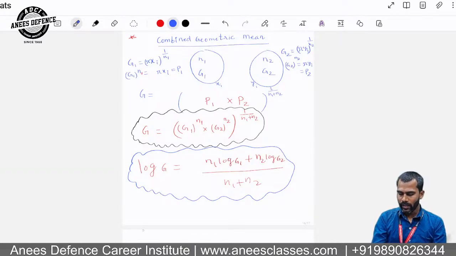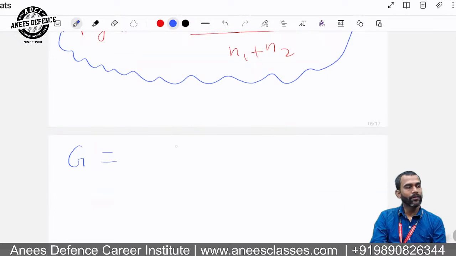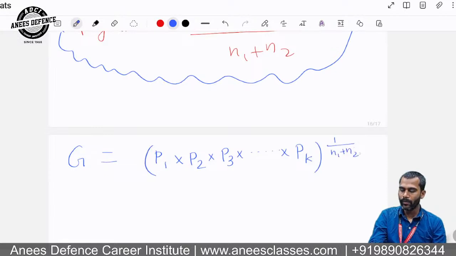So can I say G is equal to p1 into p2 into p3 up to so on into pk, whole power 1 by n1 plus n2 up to nk? Is there any doubt?